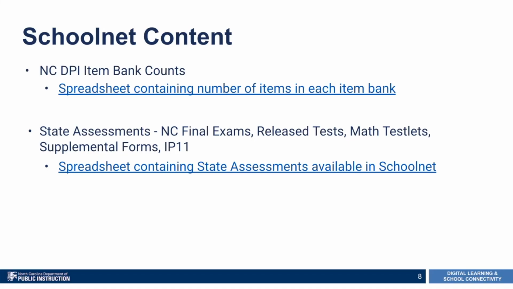We have a benchmark bank, which is available to only administrators. And these are updated twice a year, once in the winter around January, and once in the summer, probably closer to July.